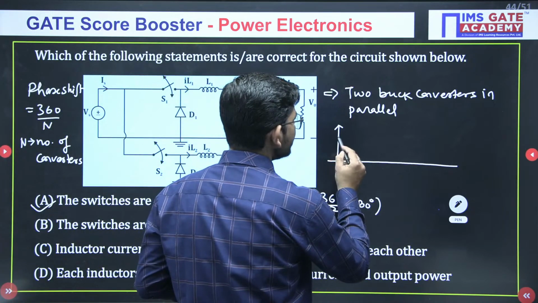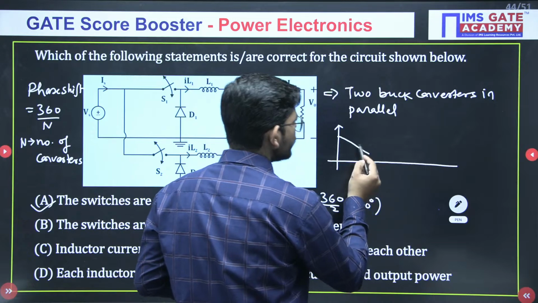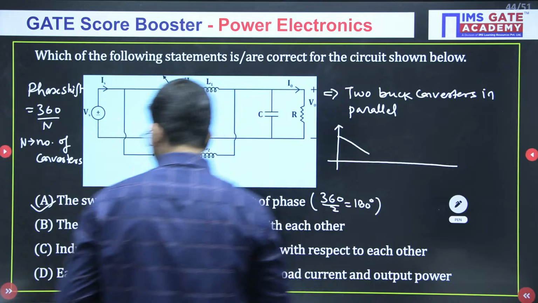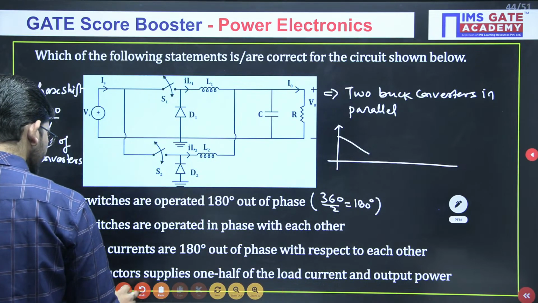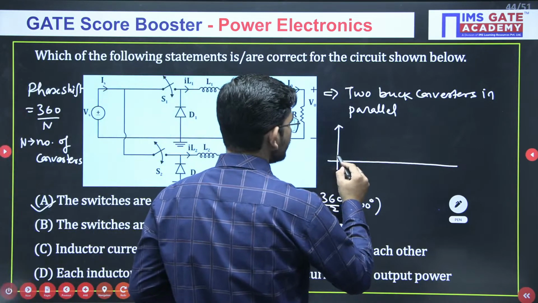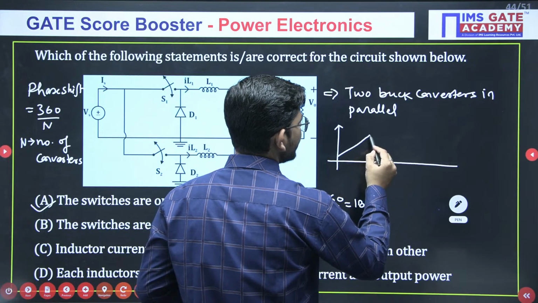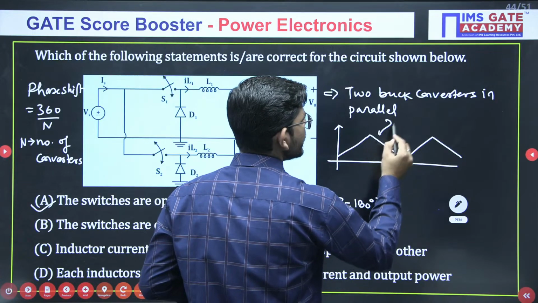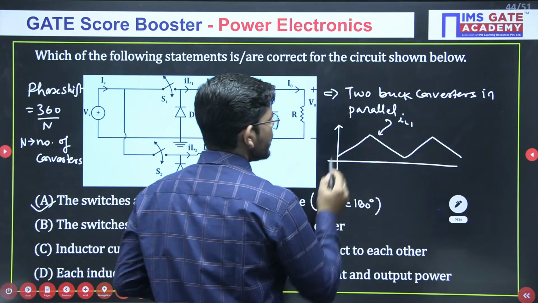So if suppose one current is decreasing, suppose I am drawing the variation of inductor current 1 and 2 respectively. So if suppose this is my inductor current 1, increasing, decreasing, increasing, decreasing. What is this? This is my inductor current 1.